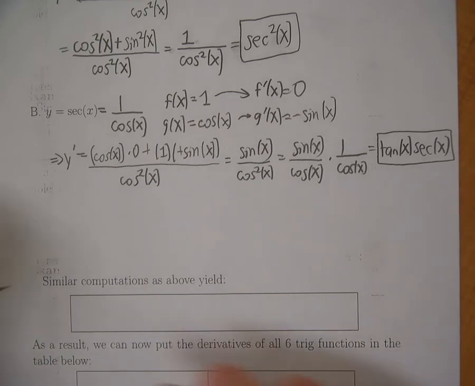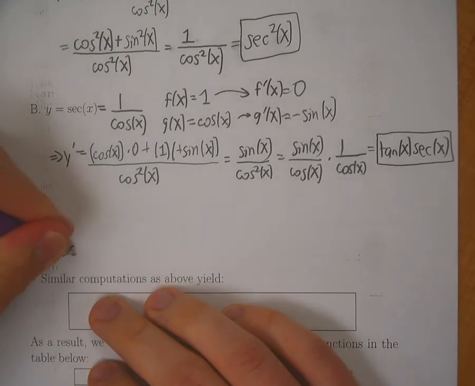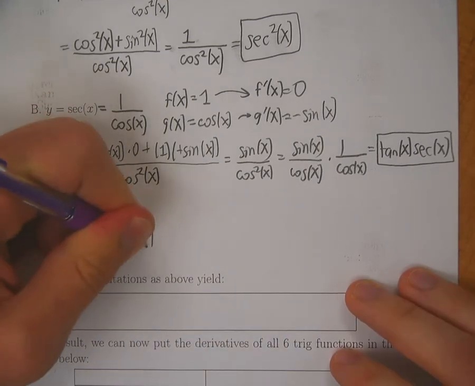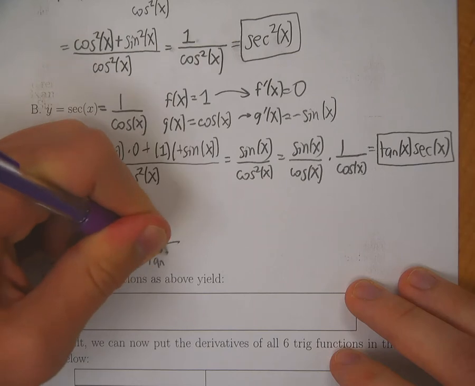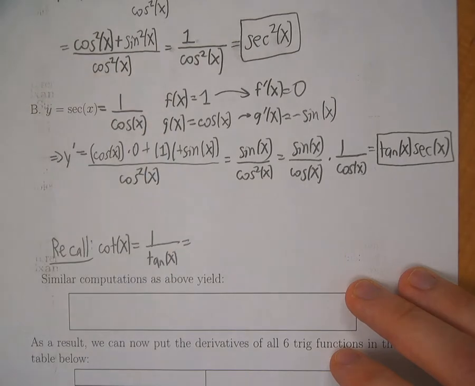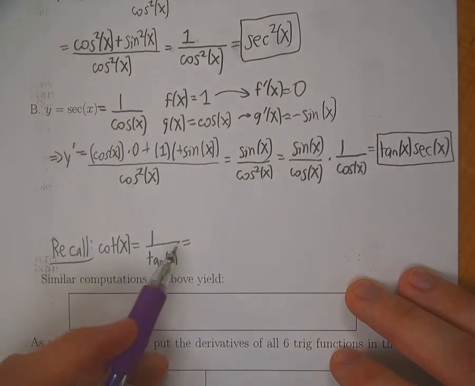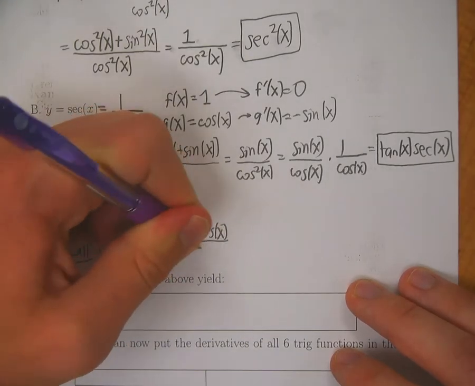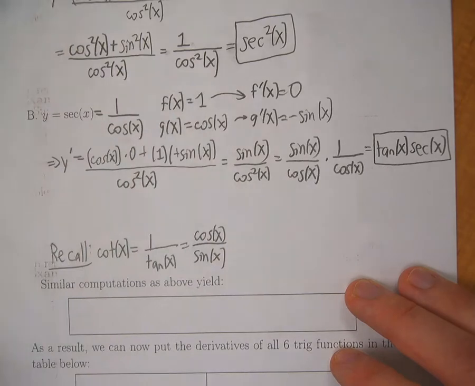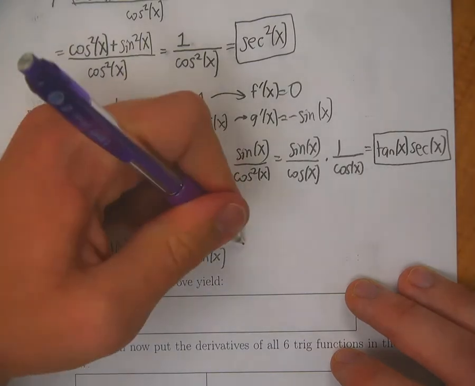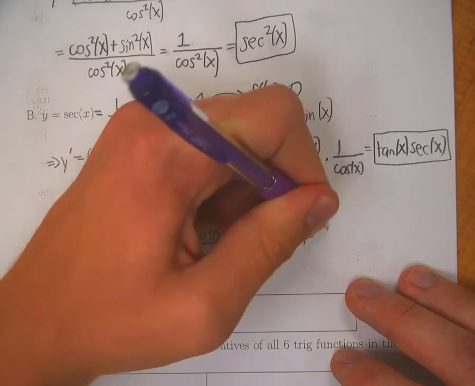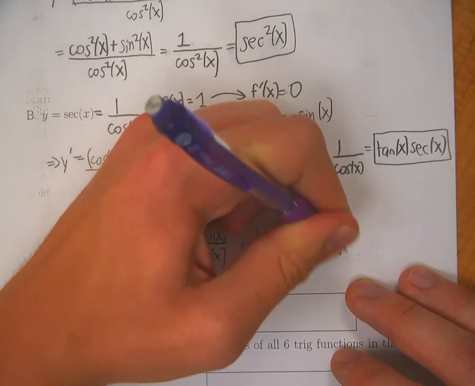So, recall: cotangent of x is 1 over tangent of x, or if you prefer to use cosine and sine, cosine of x over sine of x. And cosecant of x is simply 1 over sine of x.